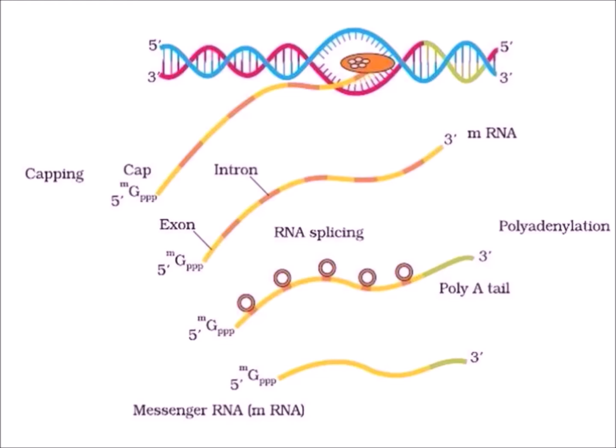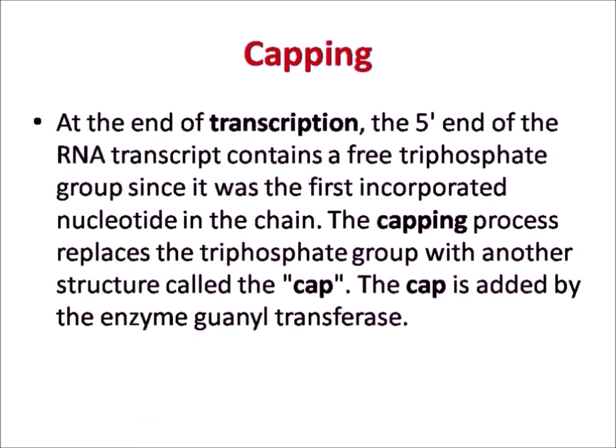RNA polymerase 2 transcribes the precursor of mRNA, that means heterogeneous nuclear RNA, hnRNA. After this, another complexity is splicing, capping and tailing. We can see what these terms represent.